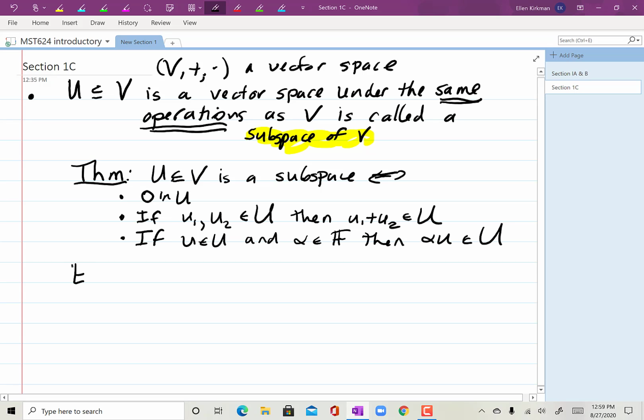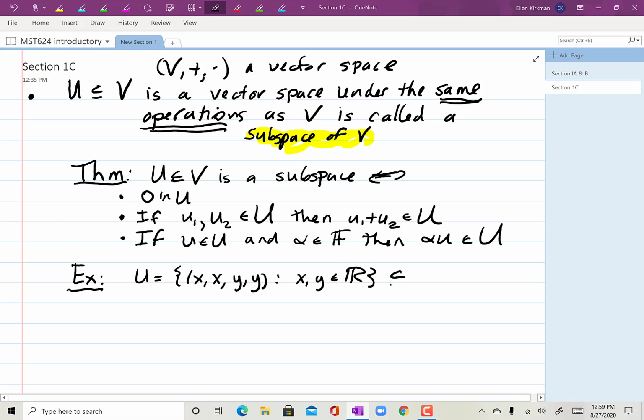So just to have an example, let's suppose I'm looking at U, which is four-tuples of the form (x, x, y, y), where these are real numbers, and that's contained in R4, just four-tuples.